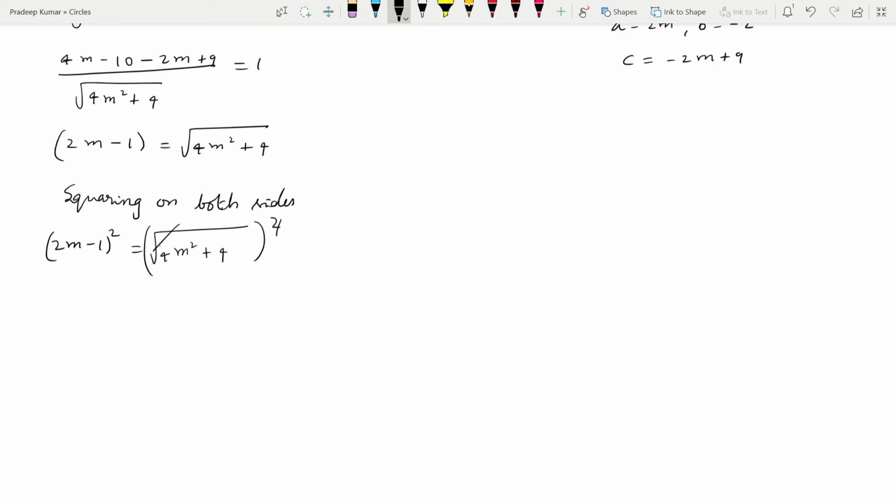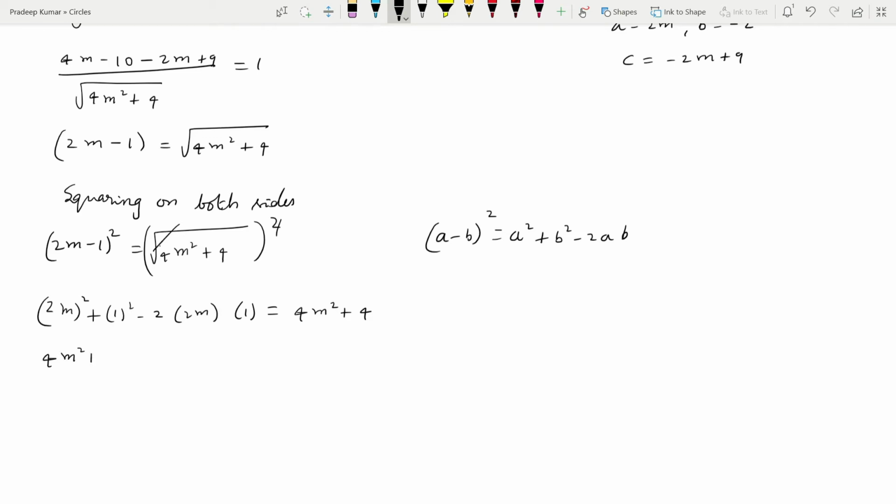So (2m minus 1) whole square, using (a minus b) whole square equals a square plus b square minus 2ab, is (2m) whole square plus 1 whole square minus 2 into 2m into 1. This equals 4m square plus 4. So the left side is 4m square plus 1 minus 4m.